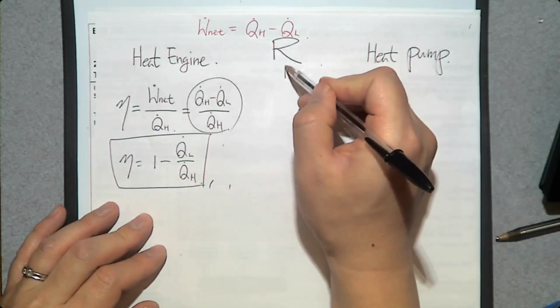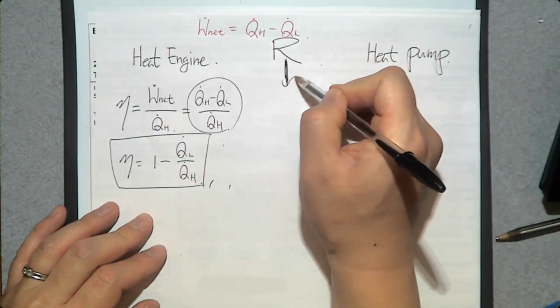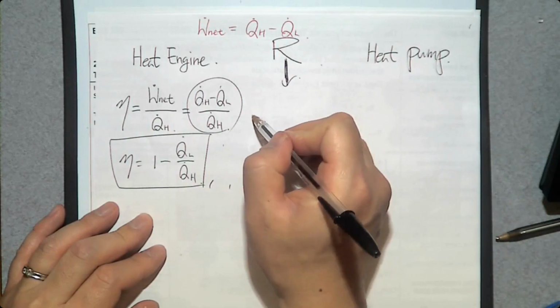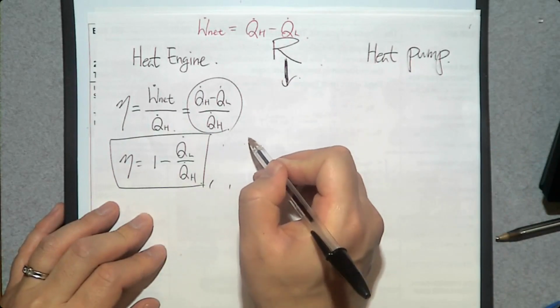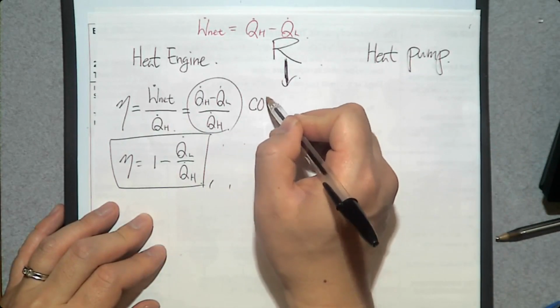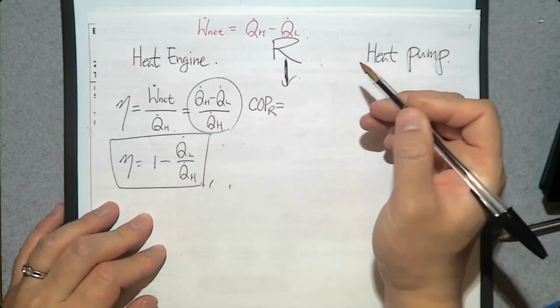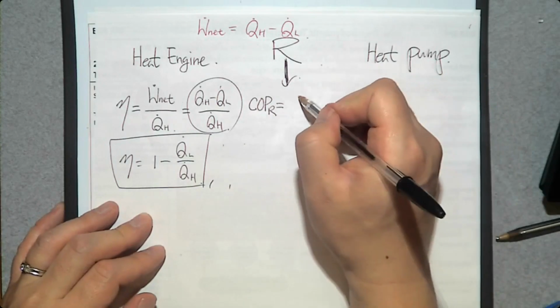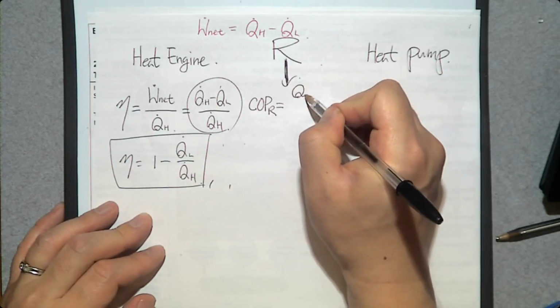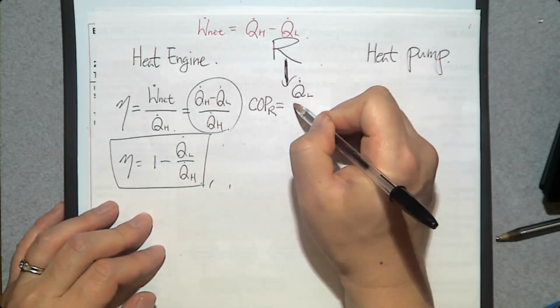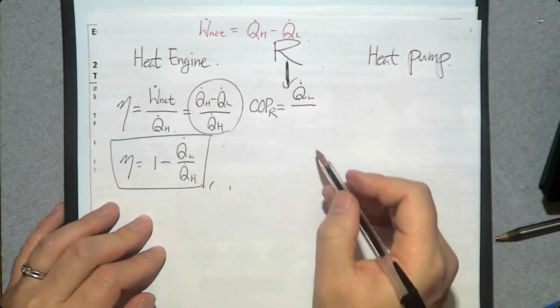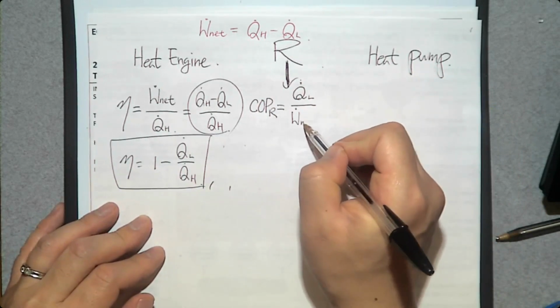What about the refrigeration system? We can use a COP. The COP of a refrigerator can be determined by the desired output, the heat transfer from the refrigerated space, Q dot L, divided by the required input, W dot net.